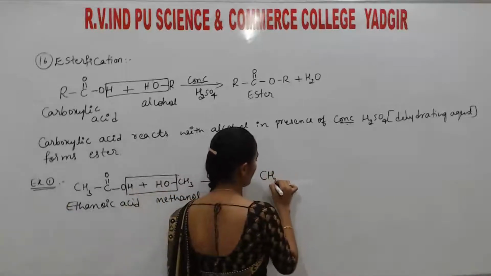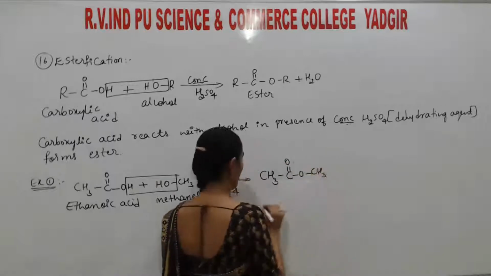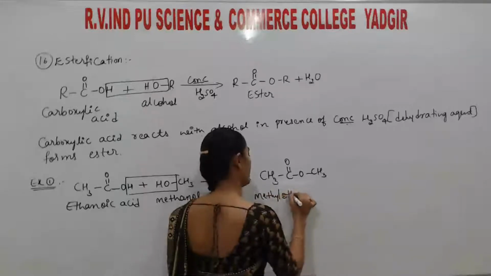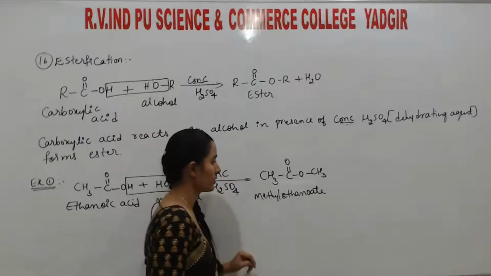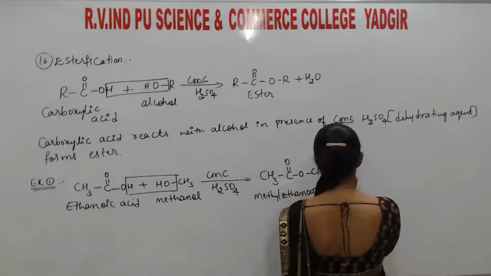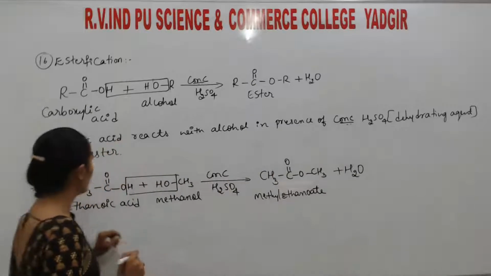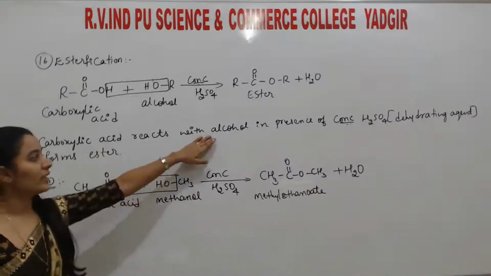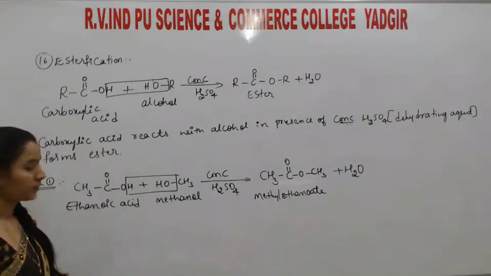Then the product formed is CH3, C double bond O, OCH3, methyl ethanoate, that is an ester, plus H2O. Now the explanation: in the place of carboxylic acid, replace ethanoic acid. In the place of alcohol, methanol. In the place of ester, methyl ethanoate.